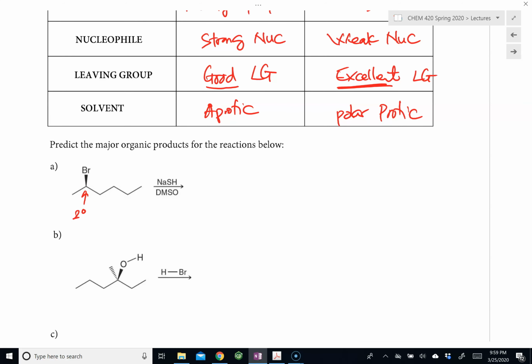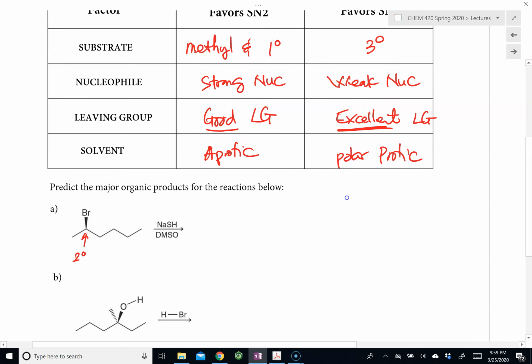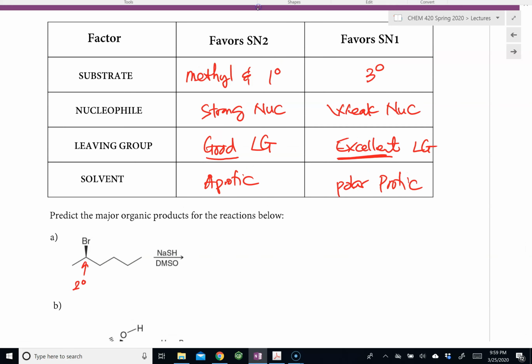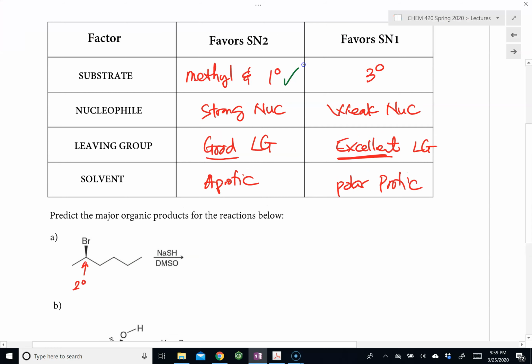And we know that secondary can favor both SN1 and SN2. So we see here in this case, it can undergo both SN1 and SN2. And second, the nucleophile. This is a good nucleophile. So we'll then favor SN2 over SN1. And the solvent, DMSO, is a polar aprotic solvent.